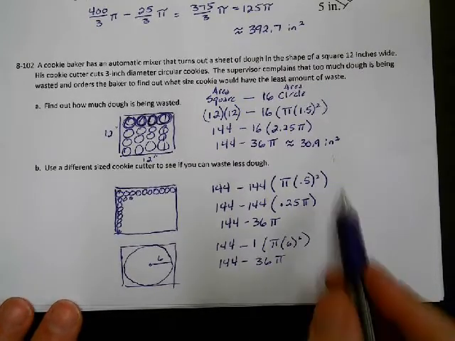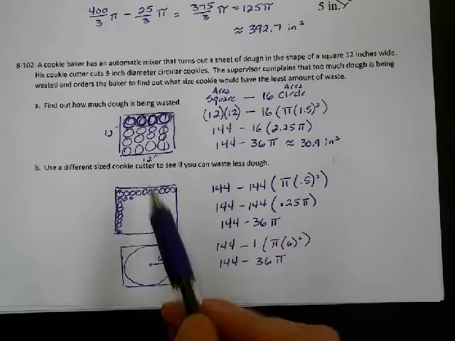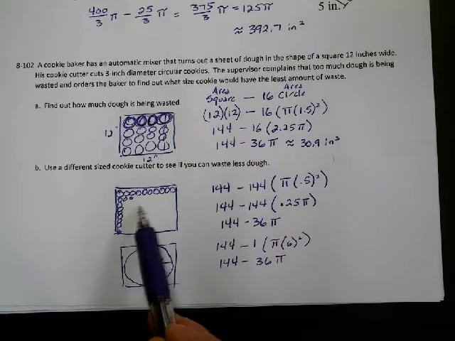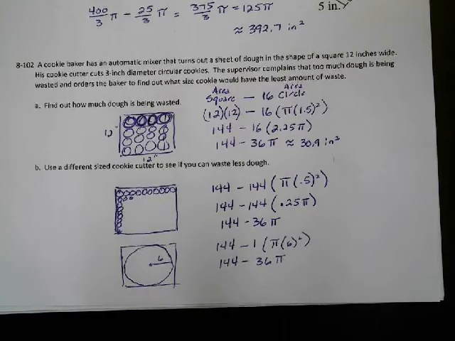So we should tell our boss, too bad, you're always going to have that much waste. That's the least amount of waste that we could have, 30.9 inches squared. And that proves it because we did 1-inch diameter cookies, and here we had a 12-inch diameter cookie. And no matter what kind of cookie we made, we had the same amount of waste.